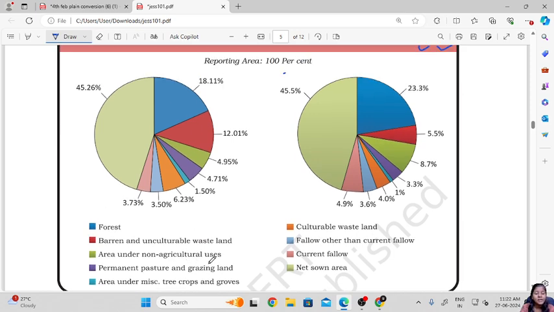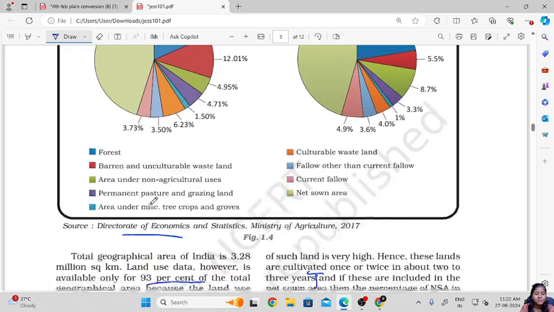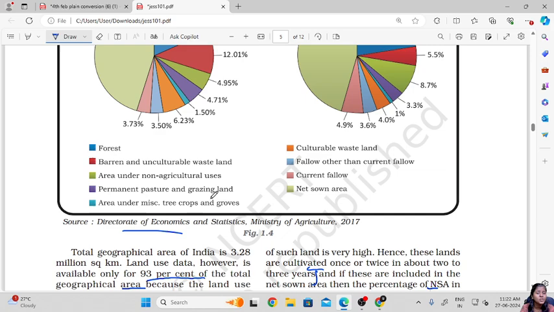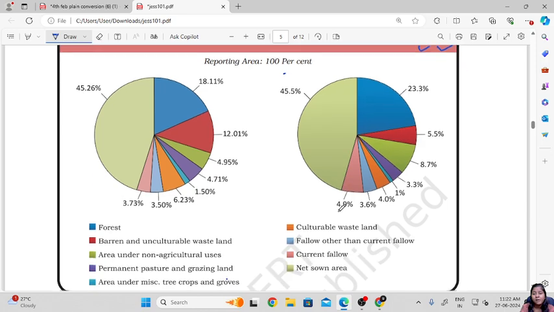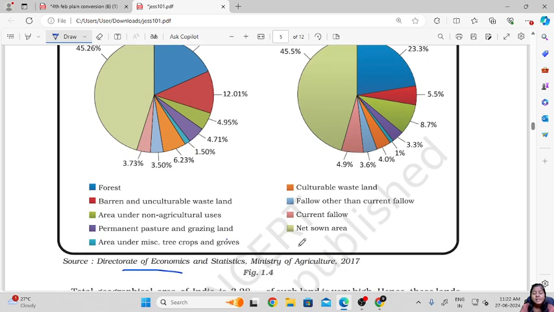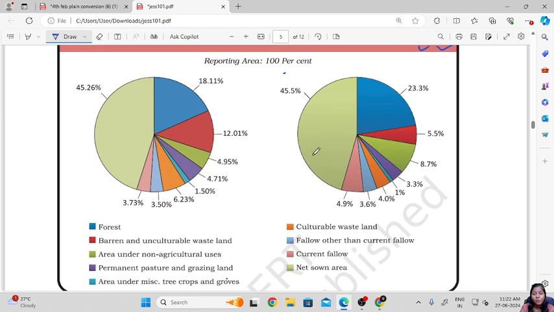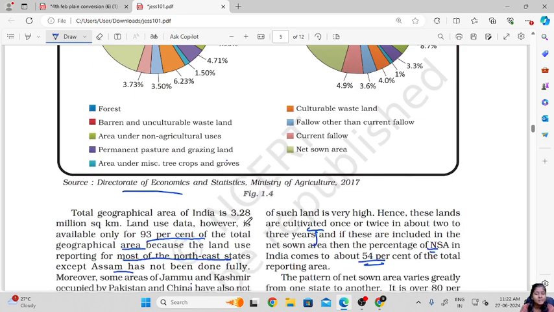Area under non-agricultural uses is highest over here, at 45.26%. Then permanent pasture and grazing land, and area under miscellaneous tree crops and groves are more or less the same. Net sown area is more. Cultivable wasteland is 4%, and fallow other than current fallow land is 23.3%.